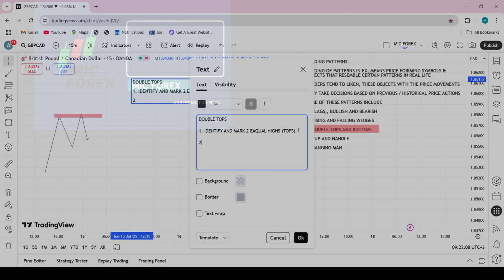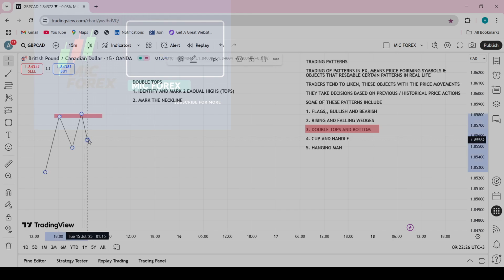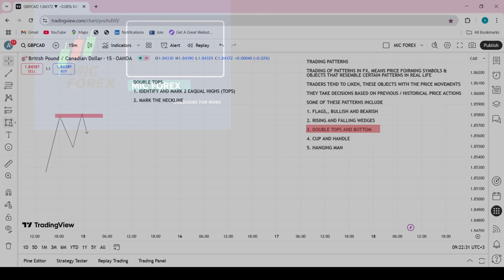Number 2, what do you do at your SOP number 2? Mark the neckline. This is the neckline. If price is dancing at that point, then this is a neckline here. In many cases, it is a candle.